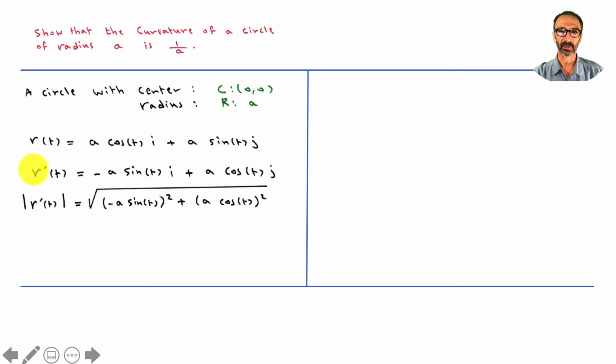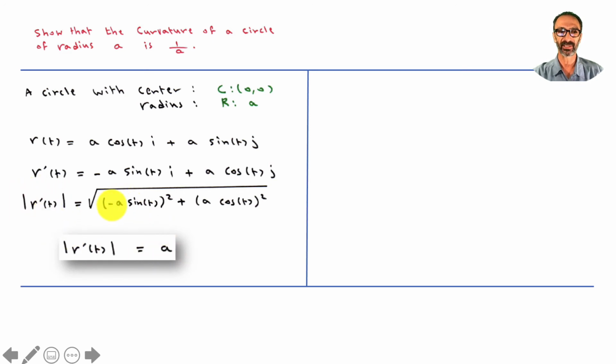We know how to find r prime. The derivative of sine is cosine, and the derivative of cosine is negative sine. We know how to find the magnitudes. Those are called ingredients, kind of like side work, if you want to call it. So the magnitude right here is a. Why is that?